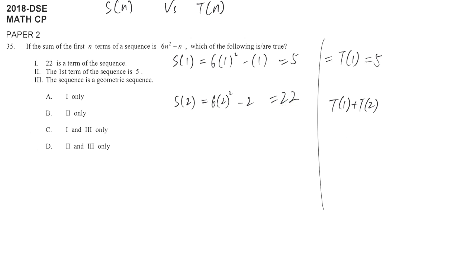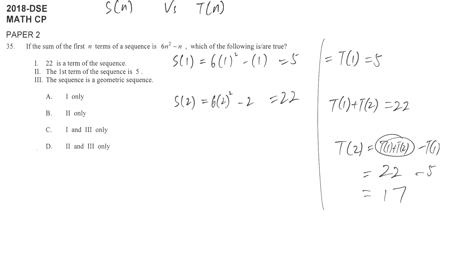So if you are talking about T2, then you use T1 plus T2, and then minus T1. Remove the unwanted part, then you can get T2. The first two terms give 22, and then minus 5. The second term is 17.